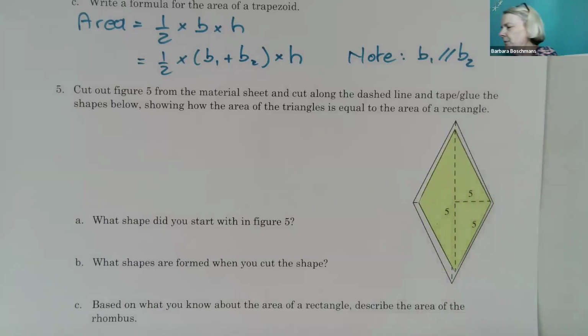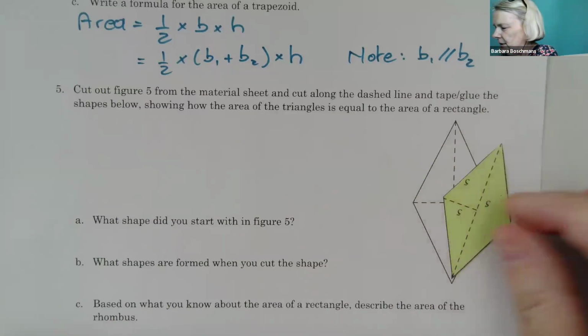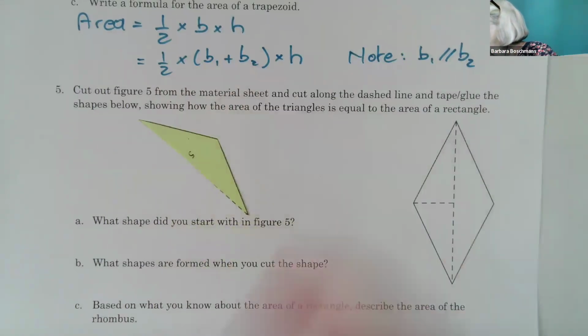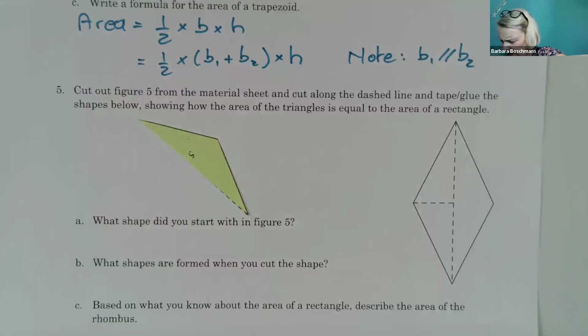Let's pull a tiny bit off. But we do have the outline there, so we can remember our sheets. It tells us that we need to rearrange these three triangles and make them into a rectangle. So let's see if we can do that.